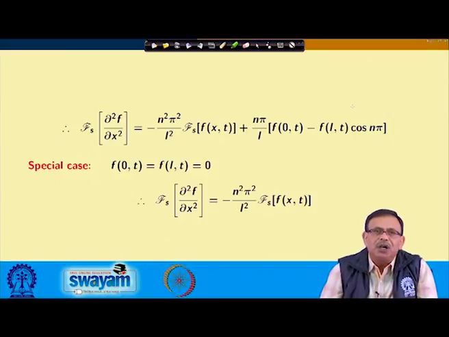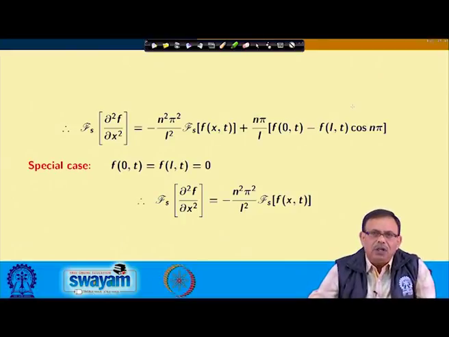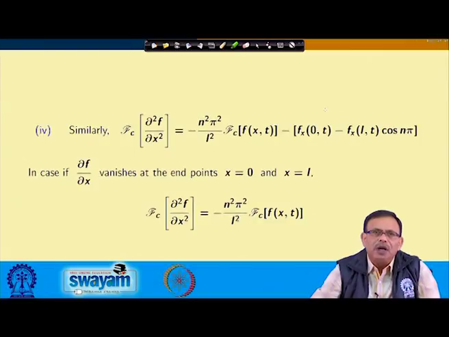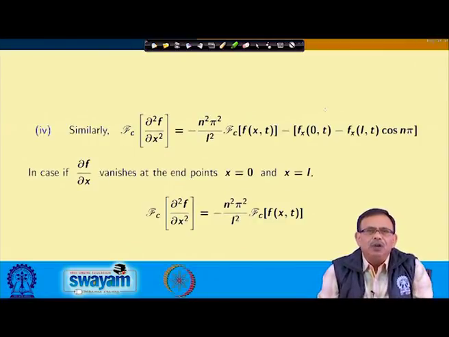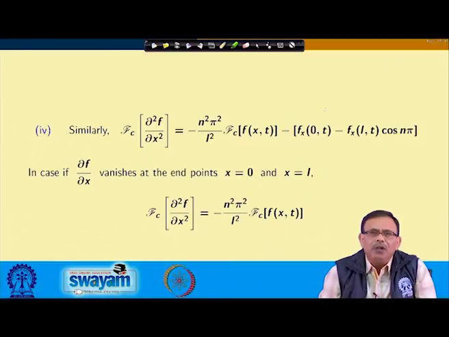In that case, the Fourier sine transform of del 2 f by del x square will simply reduce to minus n square pi square by L square into the Fourier sine transform of f of x t. In the same way, if you proceed, you will find that the Fourier cosine transform of del 2 f by del x square will be minus n square pi square by L square into the Fourier cosine transform of f of x t, minus f x of 0 t minus f x of L t into cos n pi.